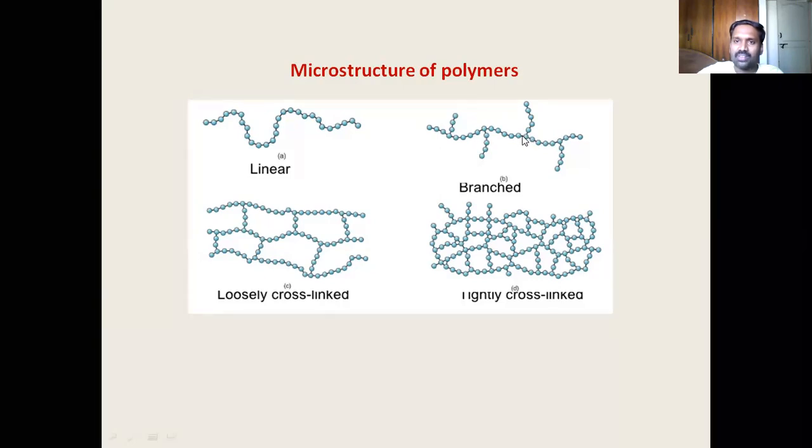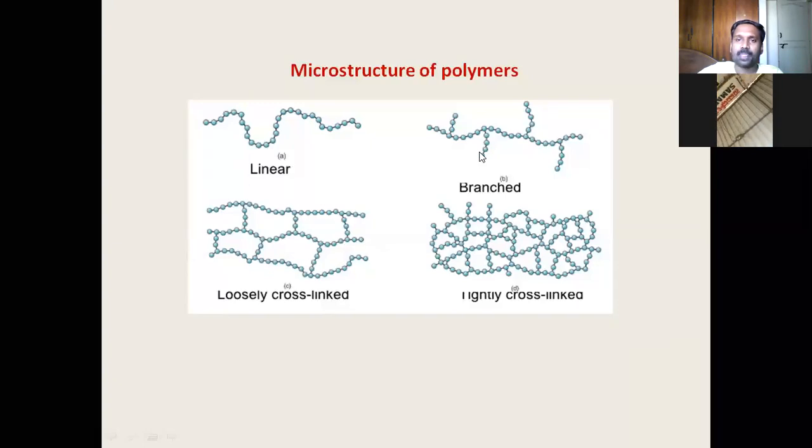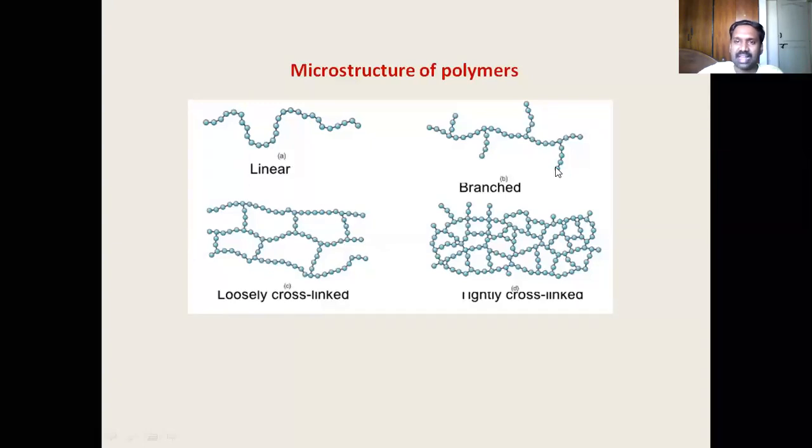Look at this monomer. How many valencies does it have? Three. So if the third valency is linked to a small linear chain, then it appears like there is a trunk on which there are branches. This is how a branched structure looks. And what are these cross-linked ones? In the branched structure, the end groups of the branches are monovalent.